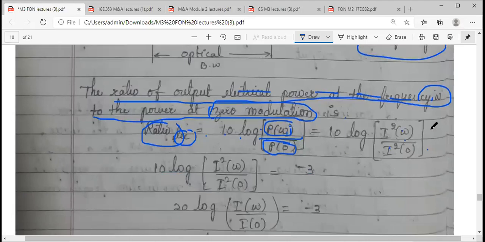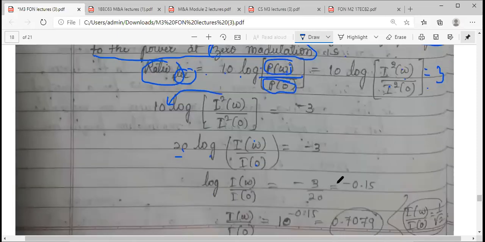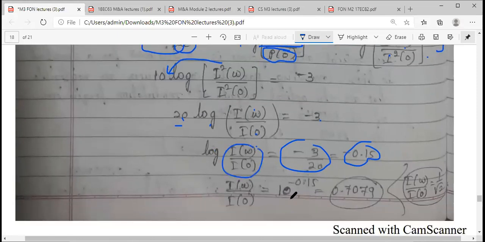So I equate this ratio to minus 3, as it is a reduction. 10 log of this I squares ratio equals minus 3, or taking the square inside, 20 log of the I ratio equals minus 3. Taking the 20 to the other side, you get minus 3 by 20, which is minus 0.15. Removing the logarithm, 10 to the power of minus 0.15 gives around 0.707, which is nothing but 1 by root 2.